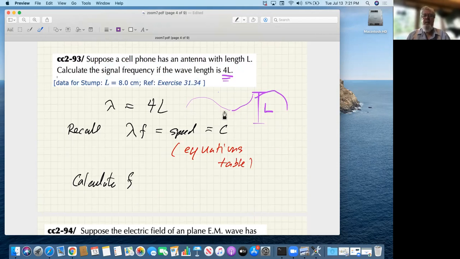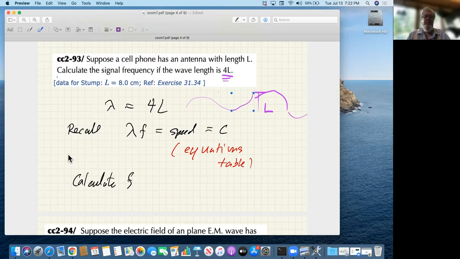Here's one wave. Here's a second wave. So actually, I didn't draw this very well. This wavelength, from here to here, is supposedly 4 times the length of the antenna.